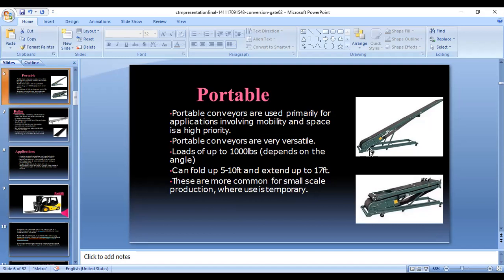These are more common for small scale productions where use is temporary, and they have high mobility.